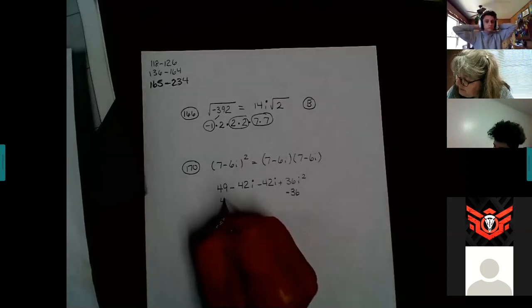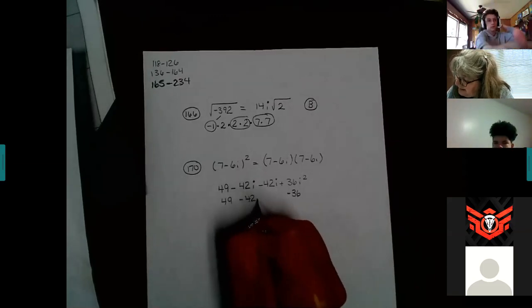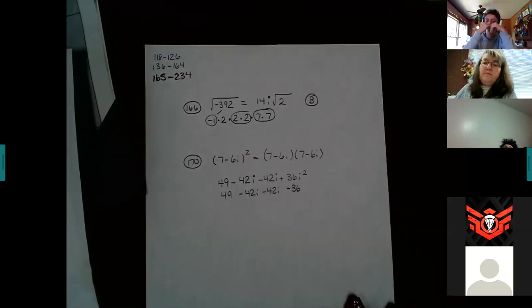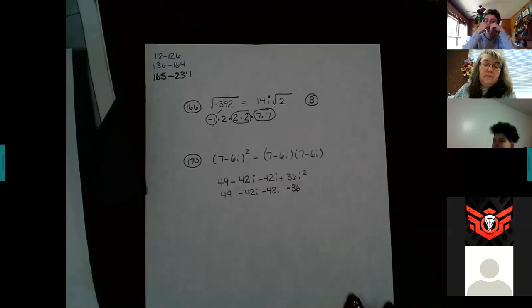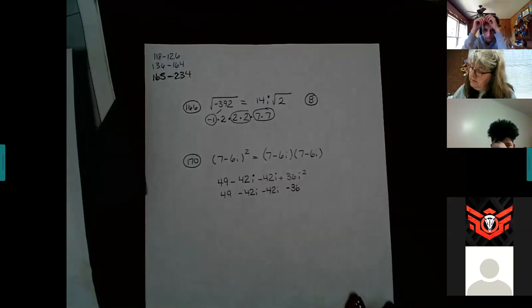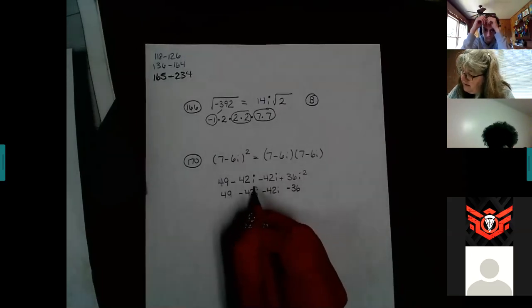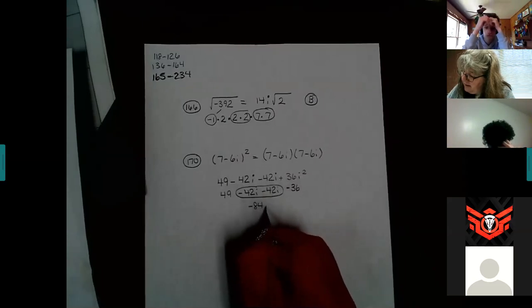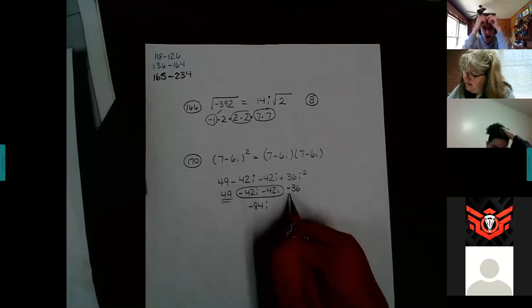Very nice, Mr. Emmanuel. All right, let's see who I hadn't called on. Chloe, what should I do next? You have to combine both of the 42is, and you get negative 84i, and then you combine the 36 and the 49 to get 13.